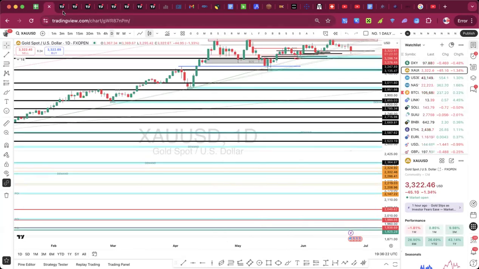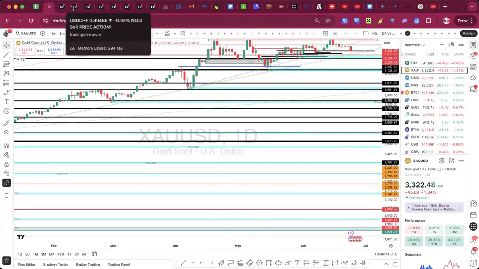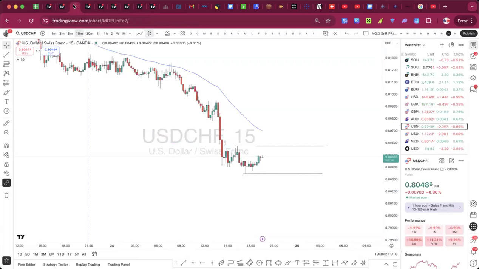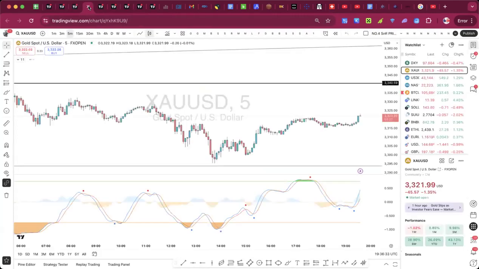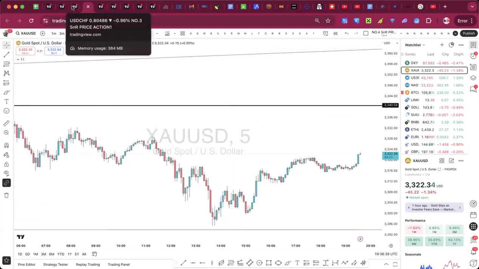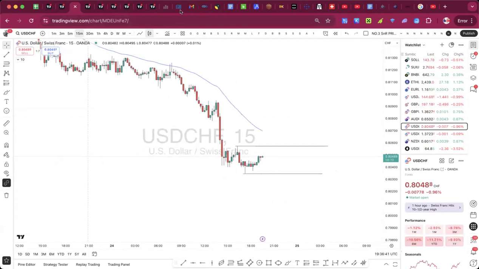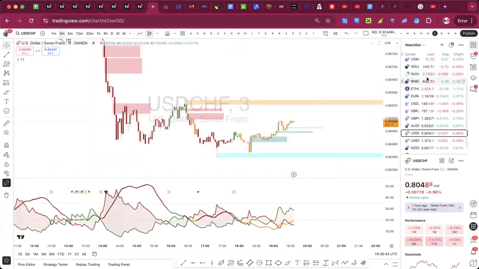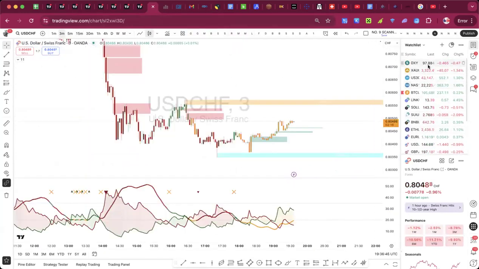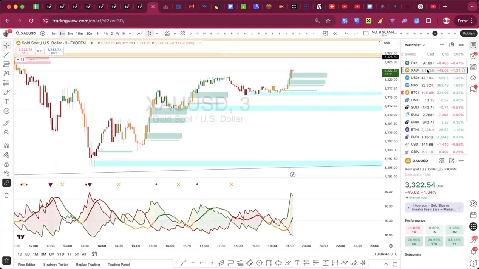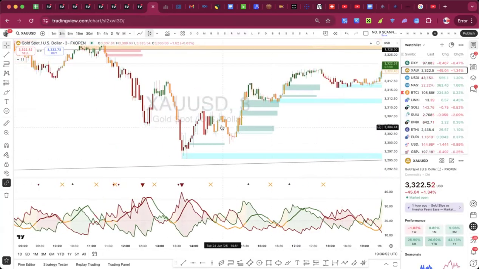Okay, I think gold has finally even given a buy. Where was I checking it here? Good, good, good. All right, so it was buying since before we actually came to the market.